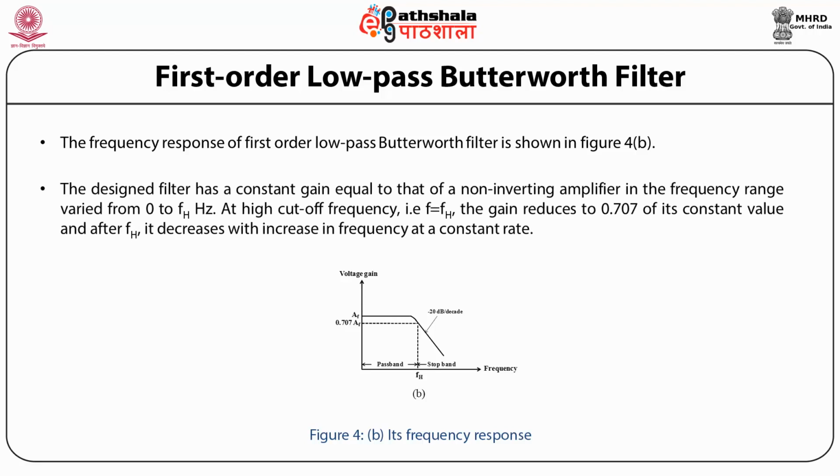The designed filter has a constant gain equal to that of a non-inverting amplifier in the frequency range from 0 to fH Hz. At the high cutoff frequency, that is f equal to fH, the gain reduces to 0.707 of its constant value, and after fH, it decreases with increase in frequency at a constant rate.